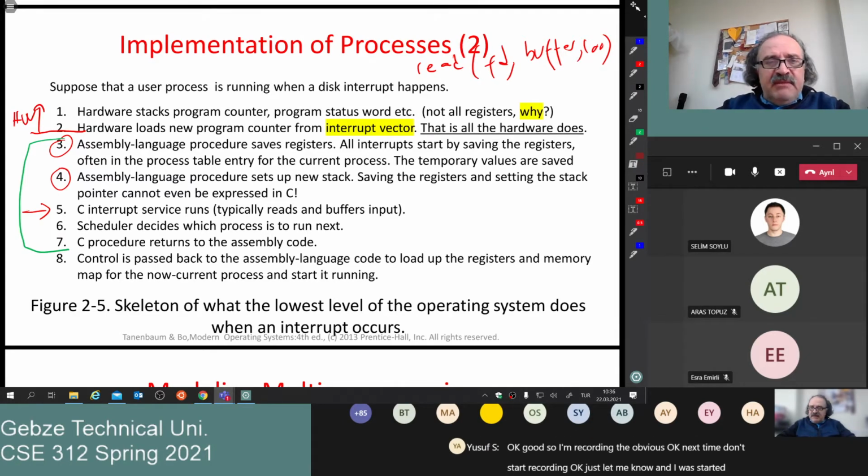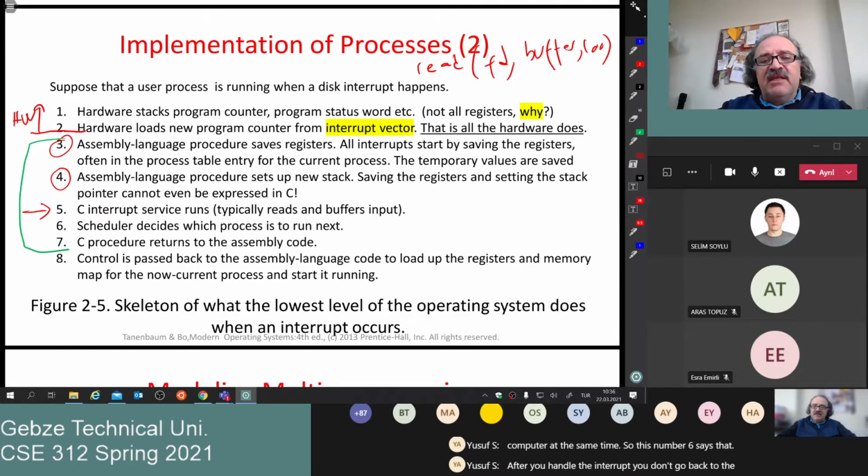So the interrupts are important. We said that. And with the help of the interrupts, it is possible to conveniently have more than one process seemingly running on the computer at the same time. So this number 6 says that after you handle the interrupt, you don't go back to the interrupted process.